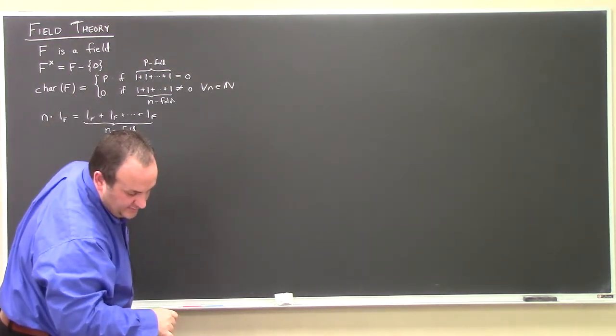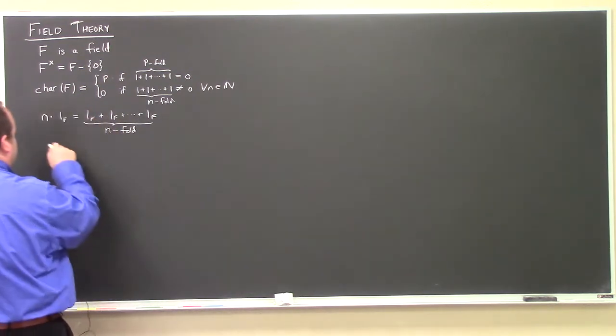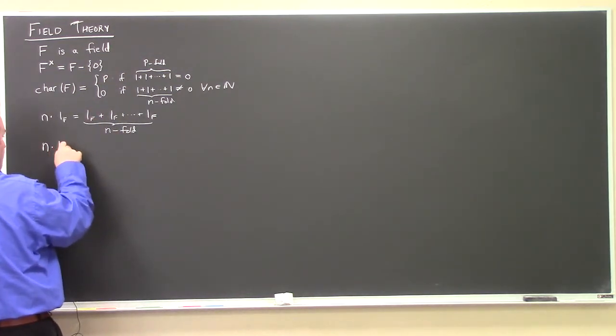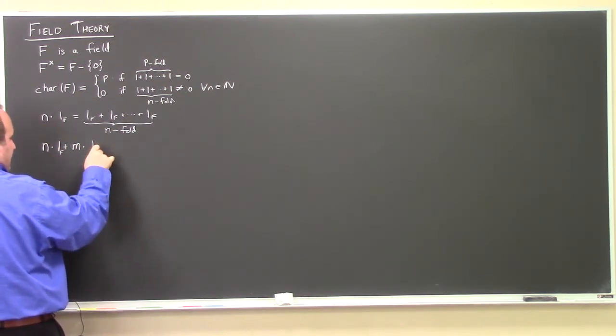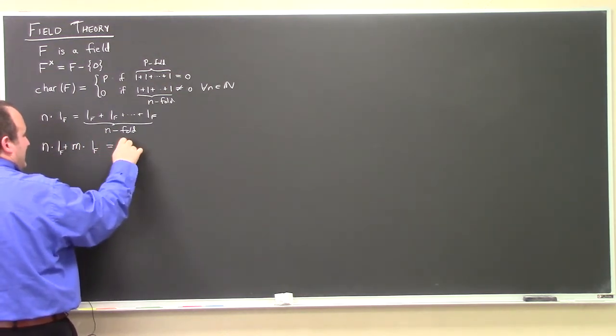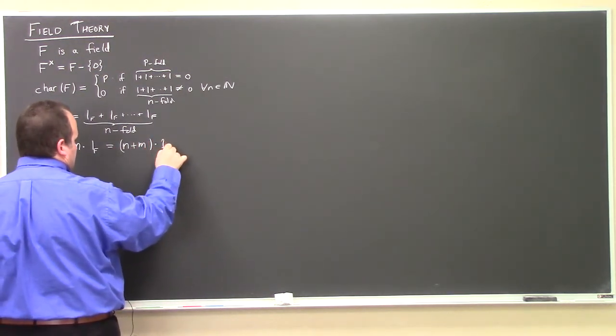And so we basically have these basic rules. His equation 13.1: n times 1_F plus m times 1_F is equal to (n + m) times 1_F, right? That's one of the rules.